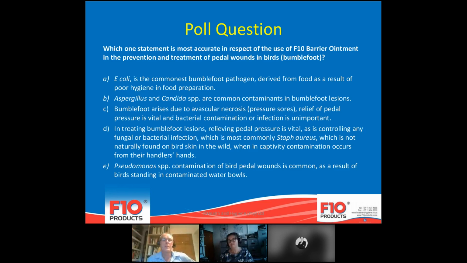So, A, E. coli is the commonest bumblefoot pathogen derived from food as a result of poor hygiene in food preparation, or B, Aspergillus and Candida species are common contaminants in bumblefoot lesions, or C, bumblefoot arises due to avascular necrosis due to pressure sores.